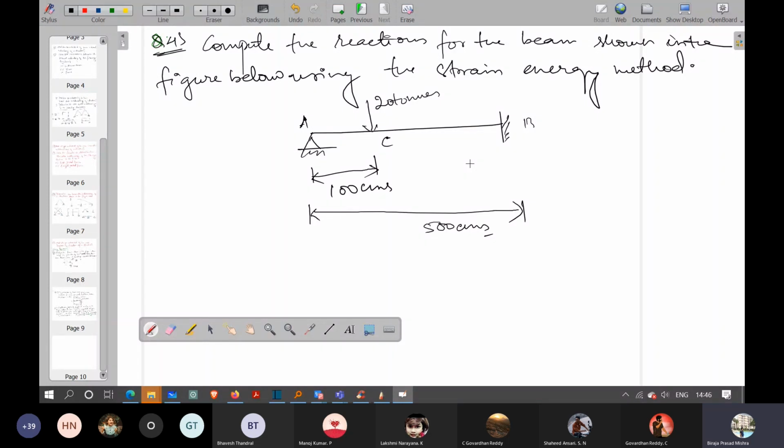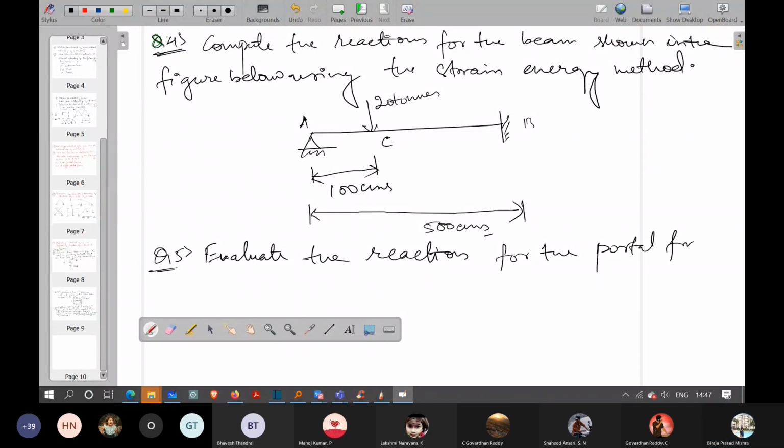So the next question is question number 5. Evaluate the reactions for the portal frame as shown in the figure below.